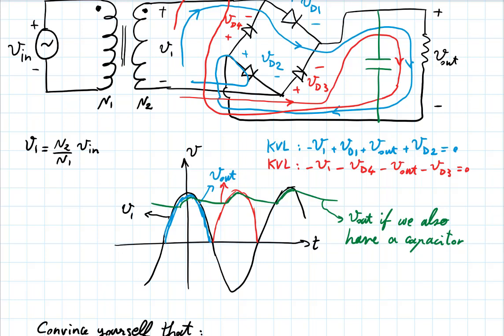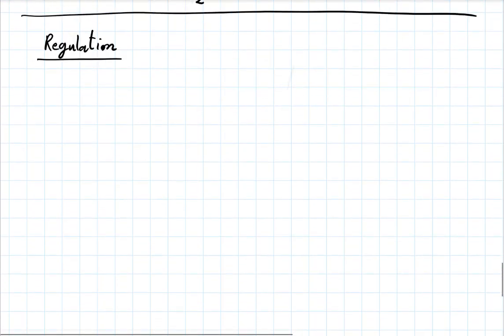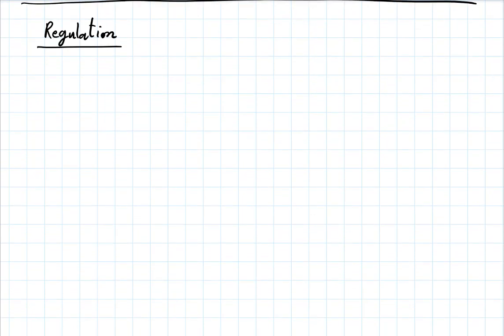Now, what is an ideal voltage regulator? Well, that's a theoretical voltage source, right? It will just give you a constant voltage, an ideal battery. What are the IV characteristics of a battery? What's the current voltage characteristics of an ideal battery?